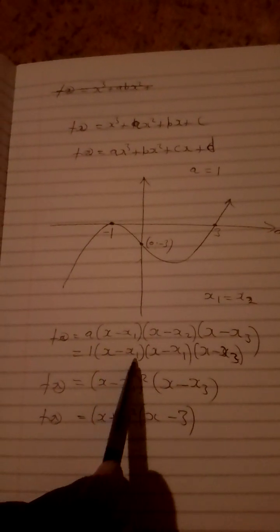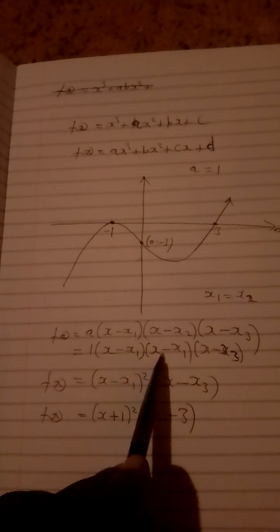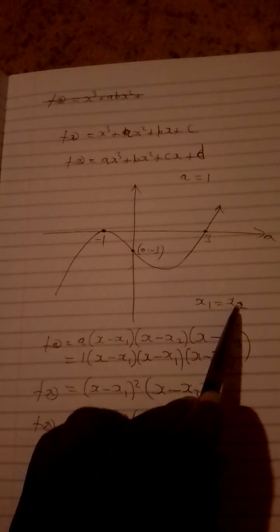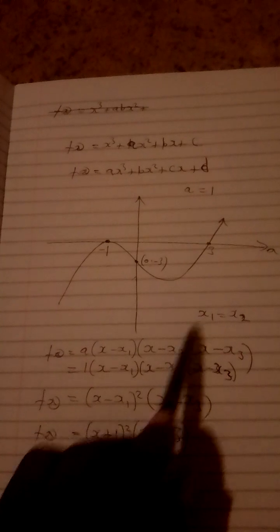Now, we say that x1 is equal to x2, because the graph is supposed to cut the x-axis 3 times, but instead of cutting, it turns. So it means that this value repeats itself twice here. So that's why we say x1 is equal to x2.